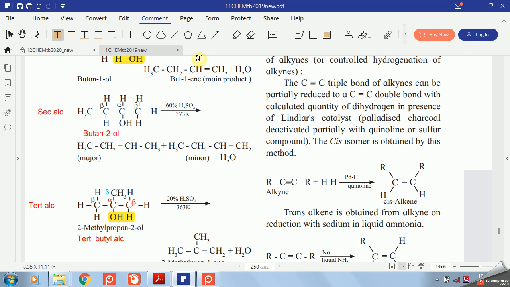I'll write the numbering here. This is carbon number 1, then this is carbon number 2, then this is carbon number 3.